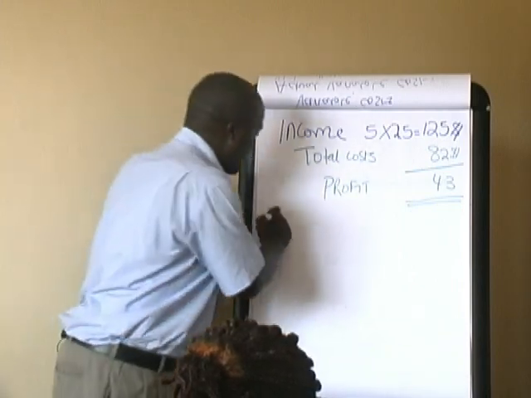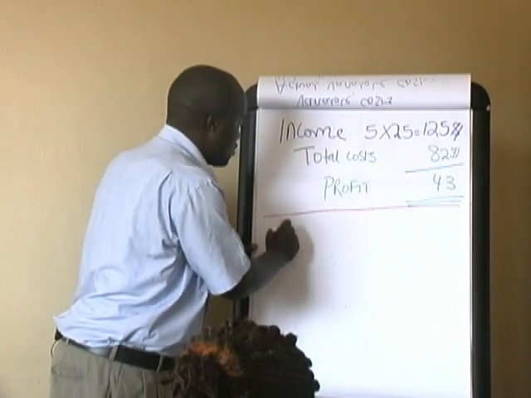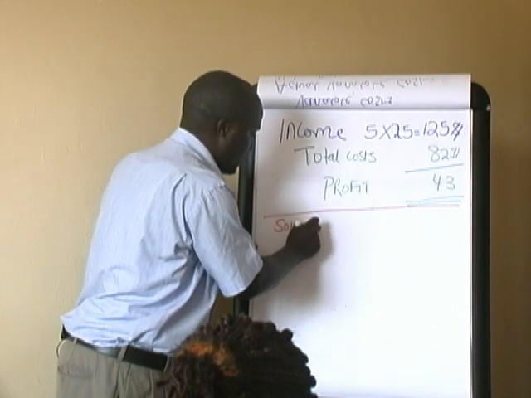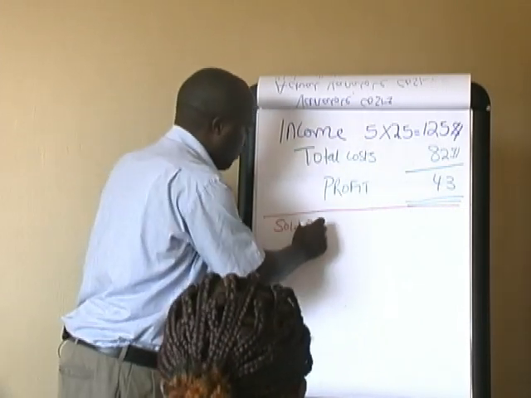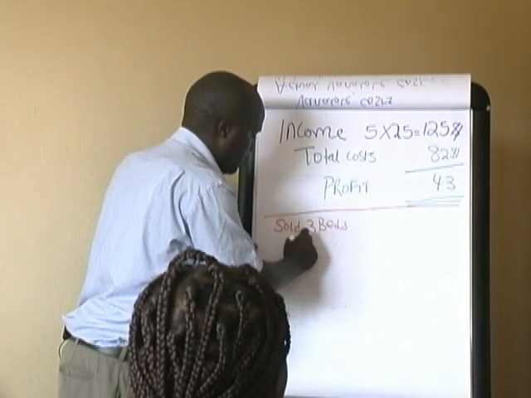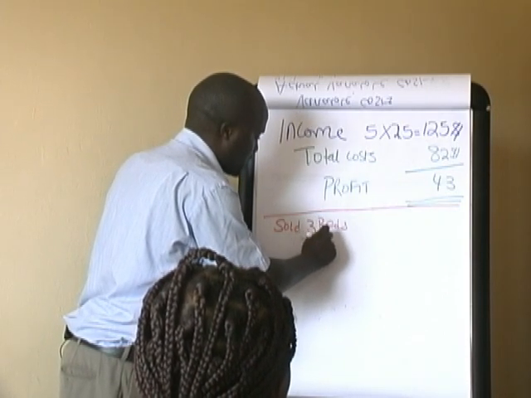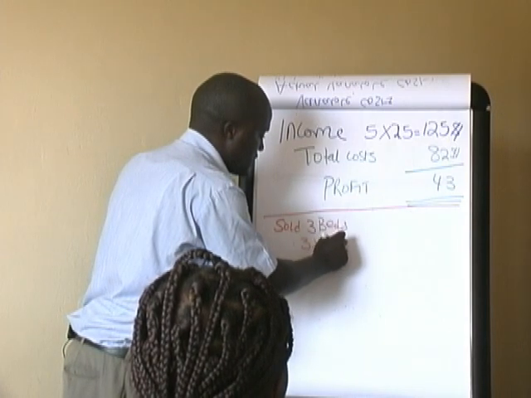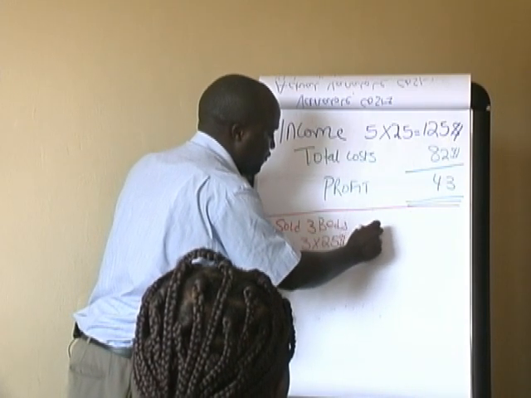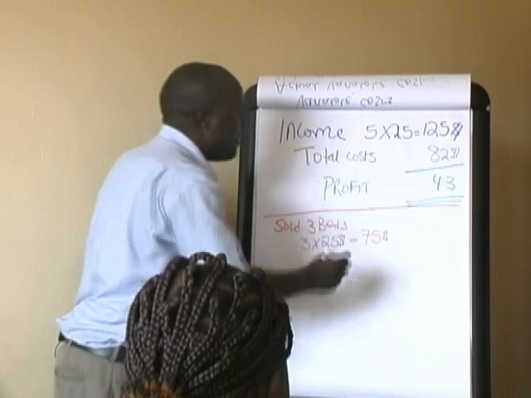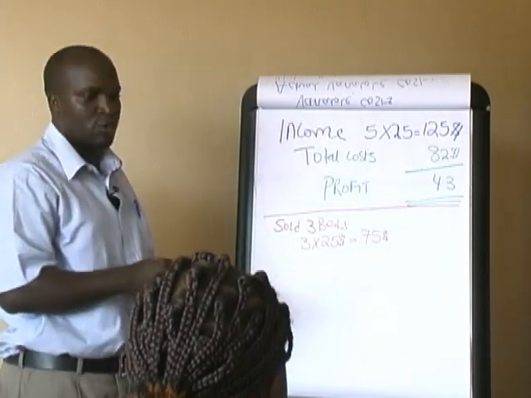So in this case, if only 3 beds were sold, and each was costing us $25, you'll find that he has only $75 coming in. But remember, his expenses will not change.